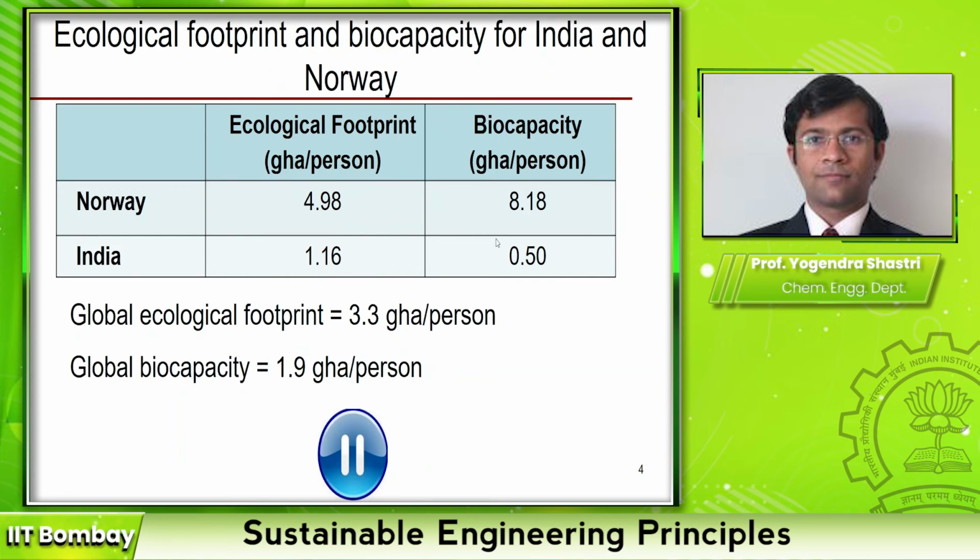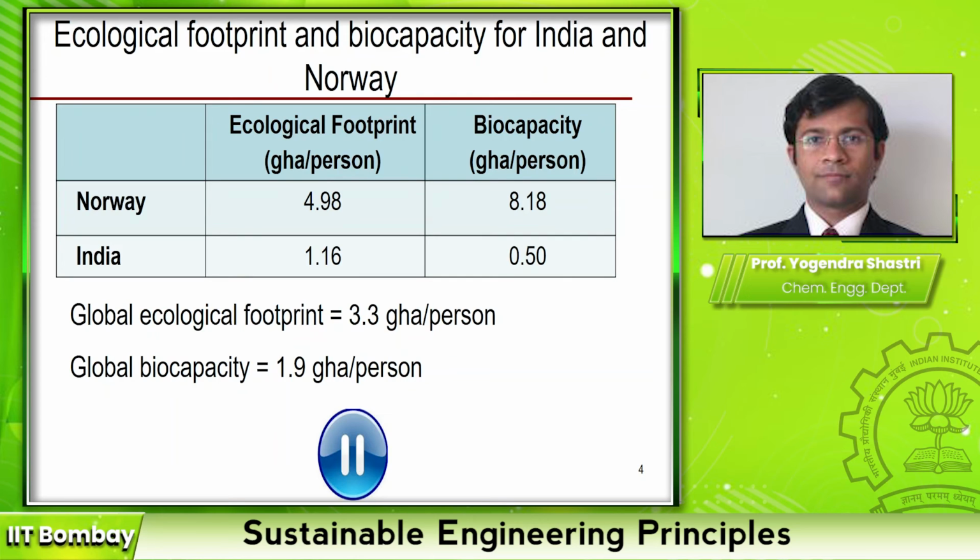Now, let's look at the biocapacity. Although the ecological footprint of an average individual in India is lower than the global biocapacity, it is actually much higher than the biocapacity in India. So the biocapacity in India is only 0.5 global hectares.